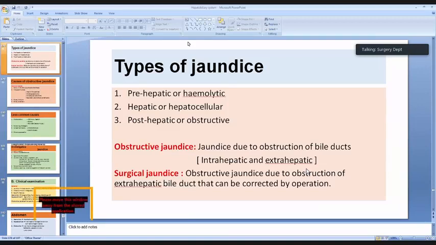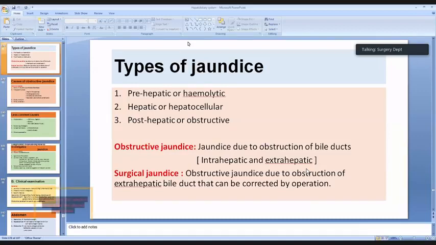So by seeing the nature of the bilirubin, we can grossly predict what type of jaundice it might be, hemolytic or hepatocellular or obstructive. As in the department of surgery, or as a surgeon, we are mainly concerned about obstructive jaundice. What is obstructive jaundice?